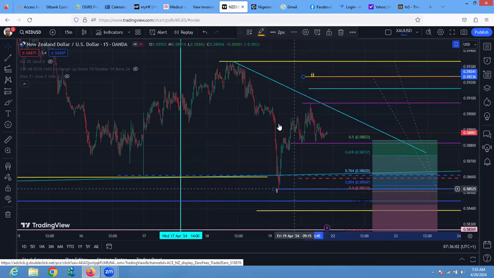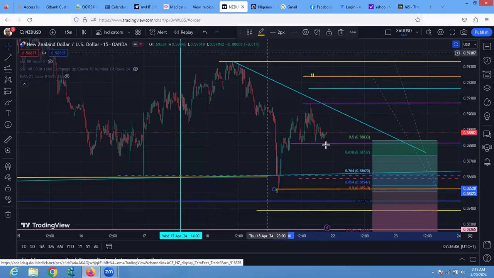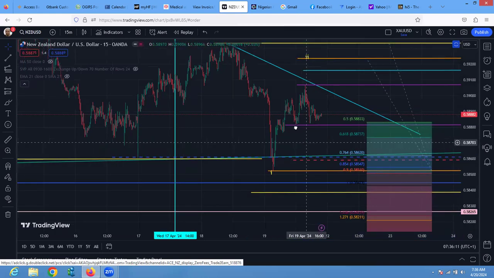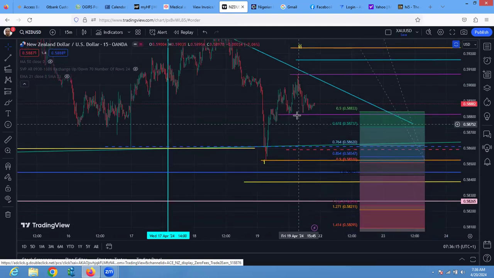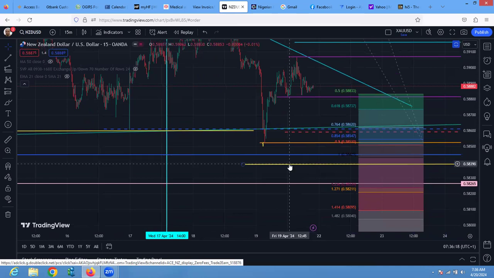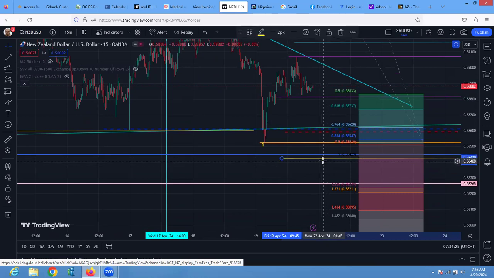And this low here, it means our 100 will be somewhere here. Our 100 will be very close to 88.